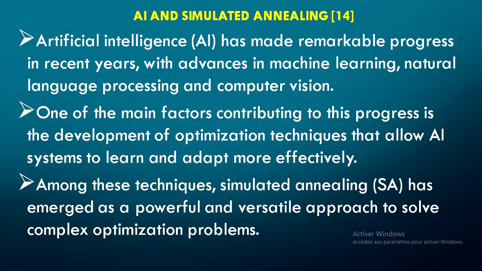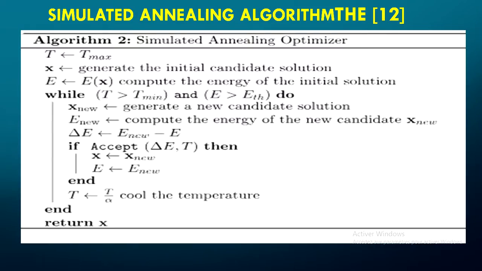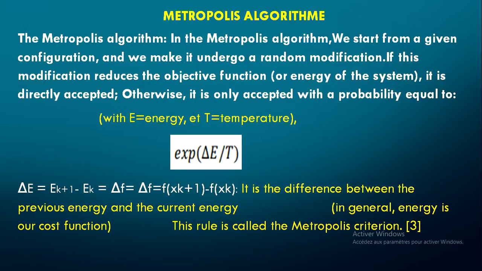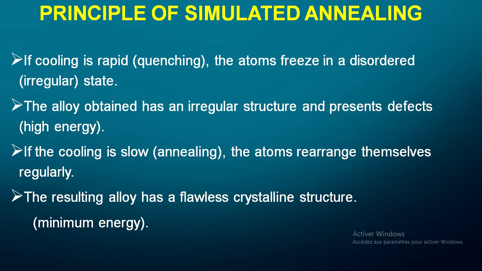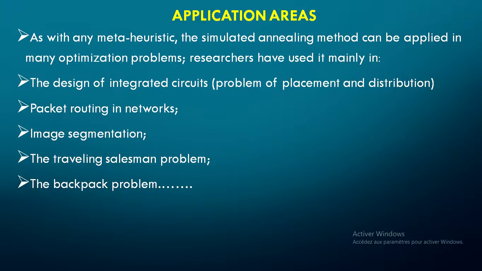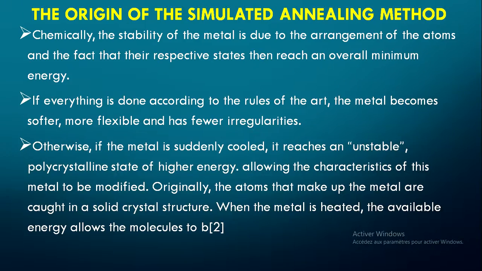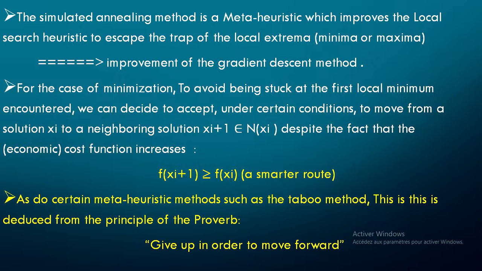That means this strategy is to give up in order to move forward. In French, renoncer pour avancer. Donc on accepte des valeurs de la fonction objective qui sont moins bonnes dans le but d'atteindre la solution bonne.